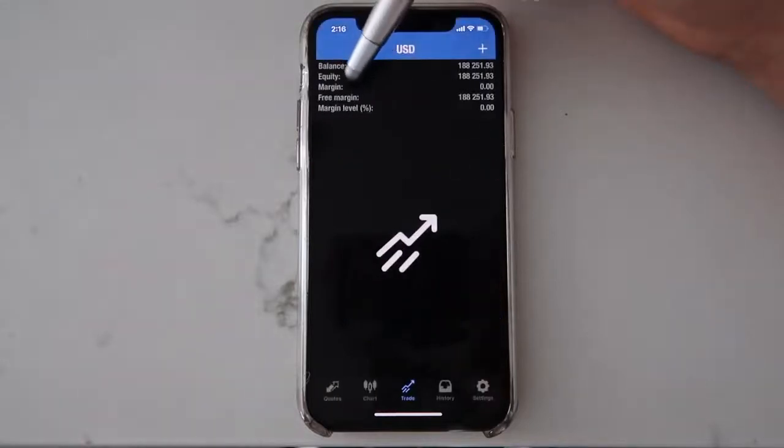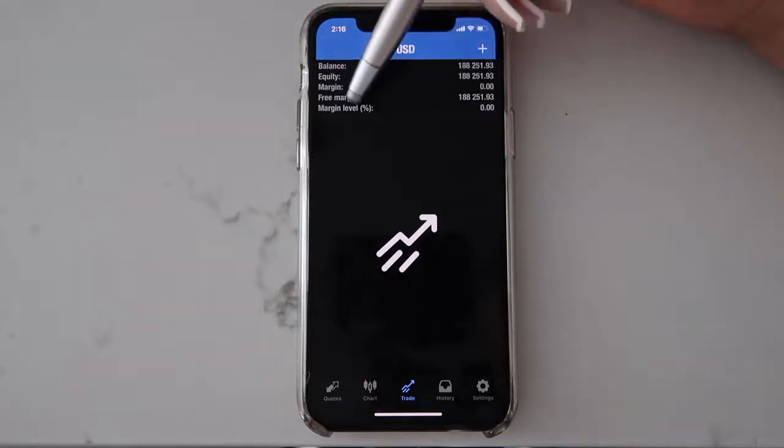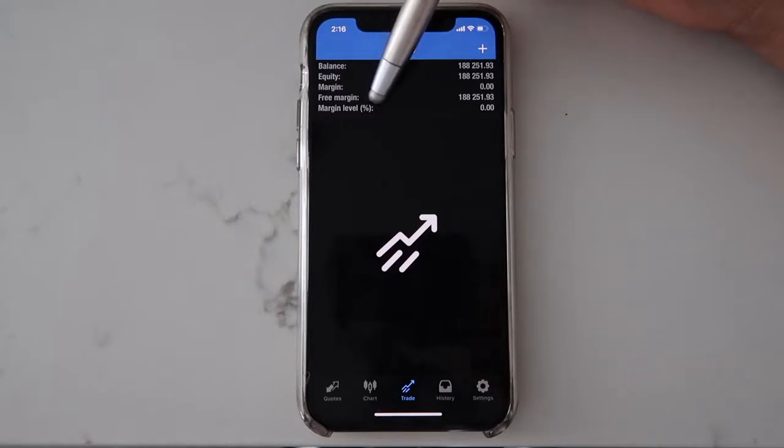So what is your margin? Your margin is going to be how much you're using to hold you in a trade. And then your free margin is going to be how much money you have left to enter a trade. Your margin level percent is basically your good standing with your broker.